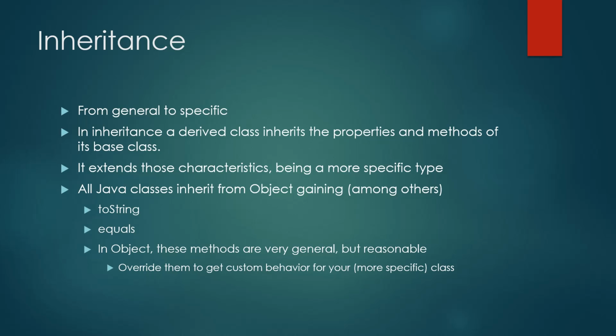To get specific equals behavior, that is, to look inside the object and say whether or not 2 objects are equal to one another, you need to override the equals method and implement a custom handling of that behavior that reflects your business logic. So we get reasonable behavior in Object, but not specific, and that's general class design, right? As you get more and more specific, you can get more and more specific behavior.